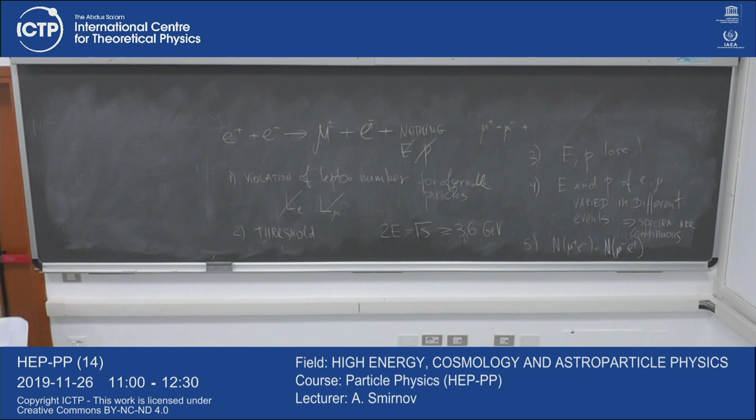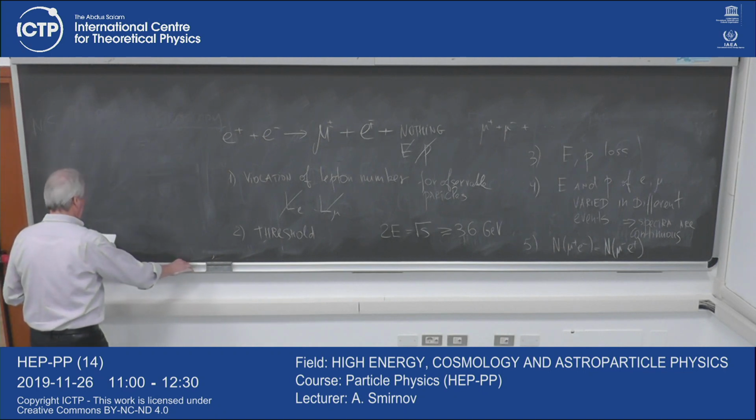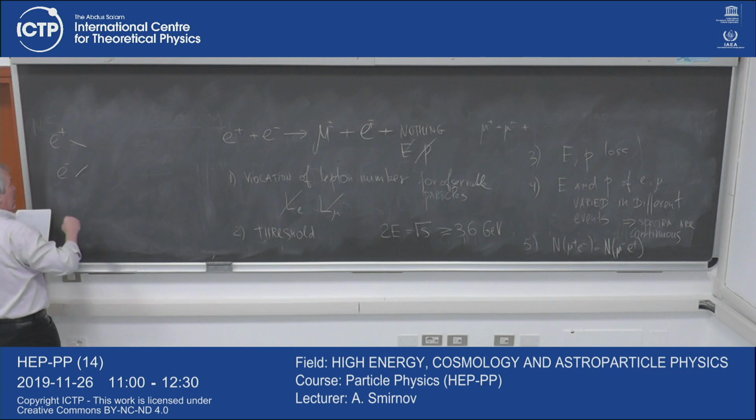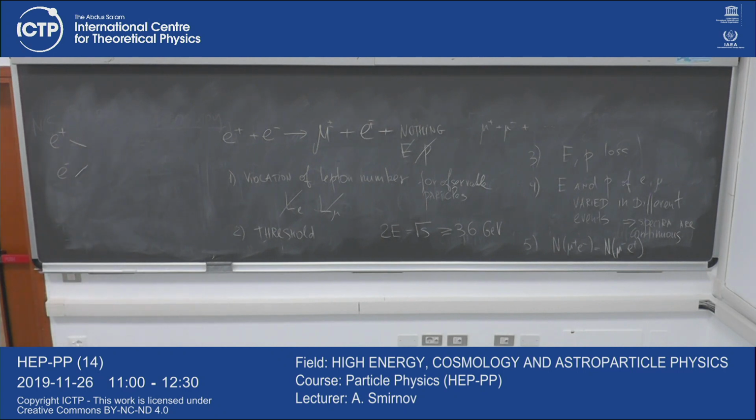Suppose you are an experimentalist and you observe this type of events with these properties. How would you interpret this? You have e+ and e- in the initial state. Then what? How would you get this final state with these properties?